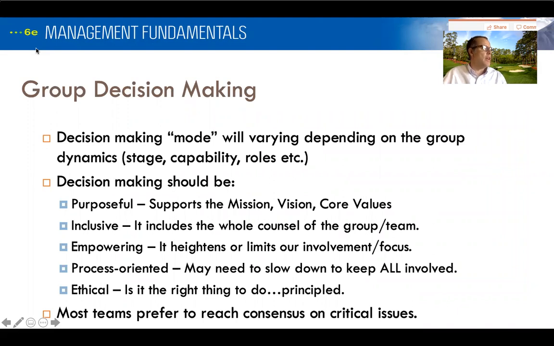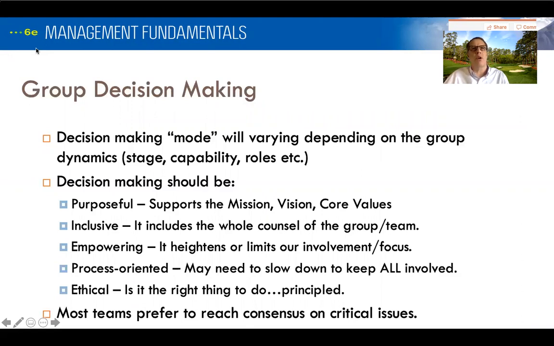So just a reminder again, as you think about many aspects of being in management and how you motivate, how you make decisions, how you work with the people within your group, your team, your department, whatever that might be, understand that while we often give rules of thumb about how to do things, there are factors that play into the way you're going to operate as a manager. Like I just mentioned, what stage you're in and the capability of your group members will really impact that.